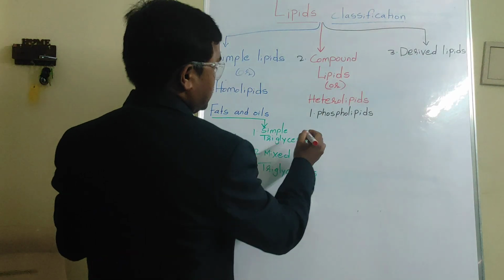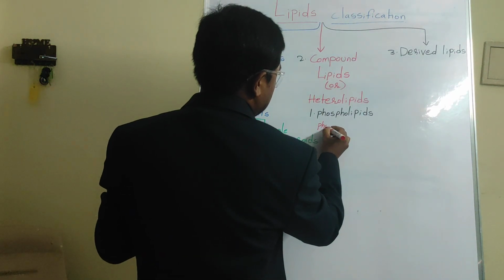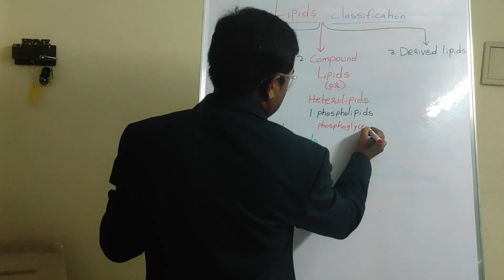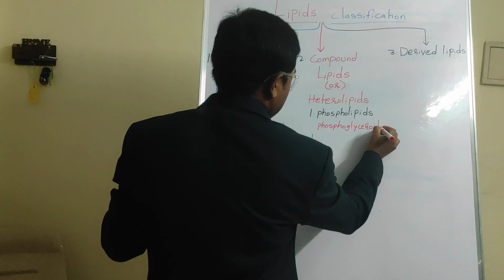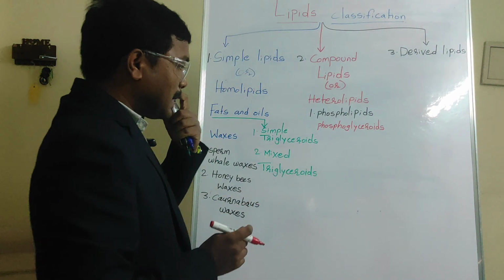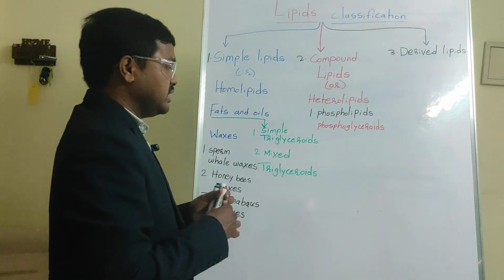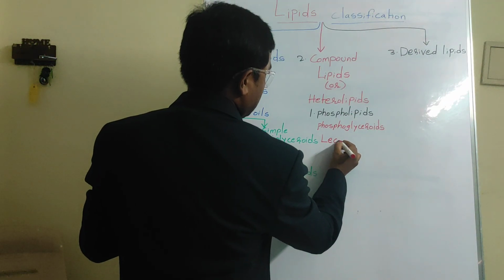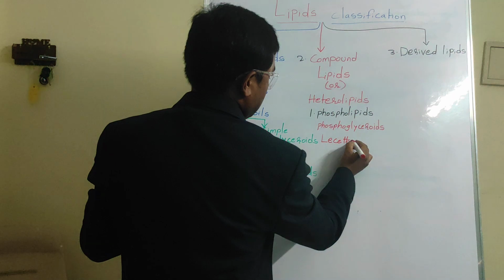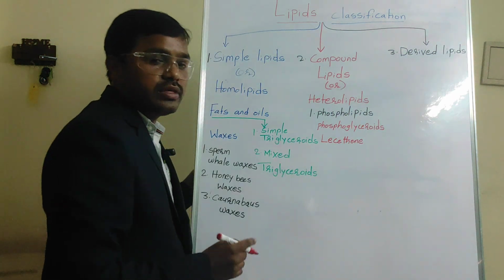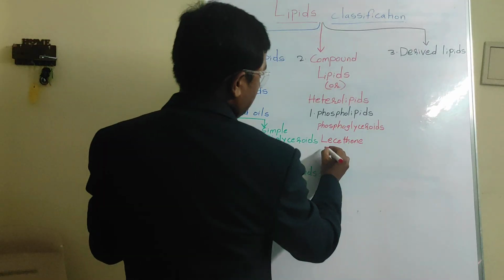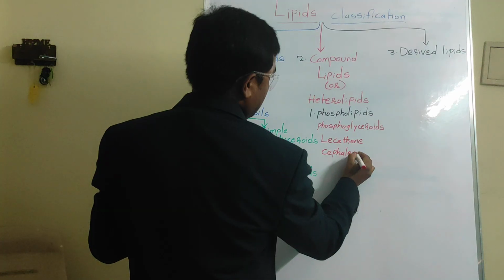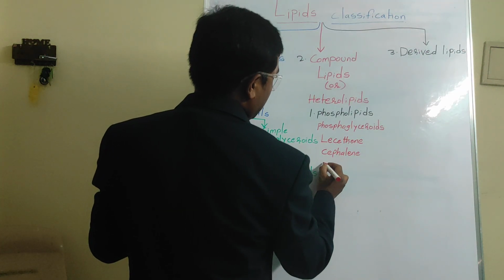Examples for phospholipids: phosphoglycerides, lecithin, cephalin, plasmalogens.